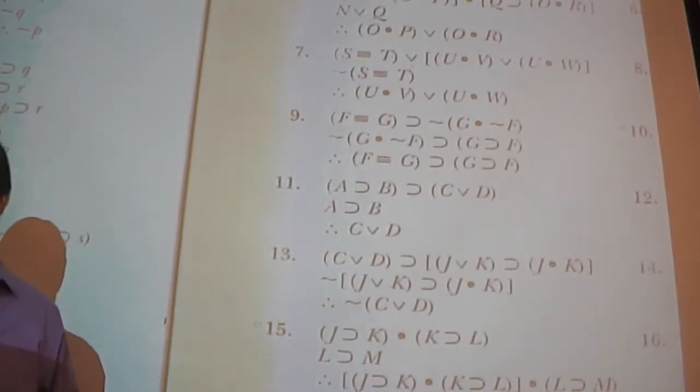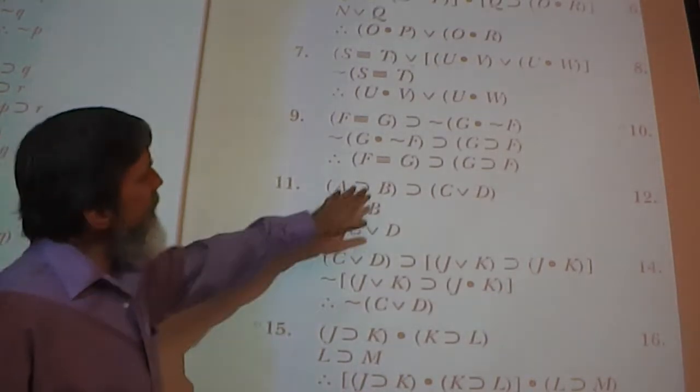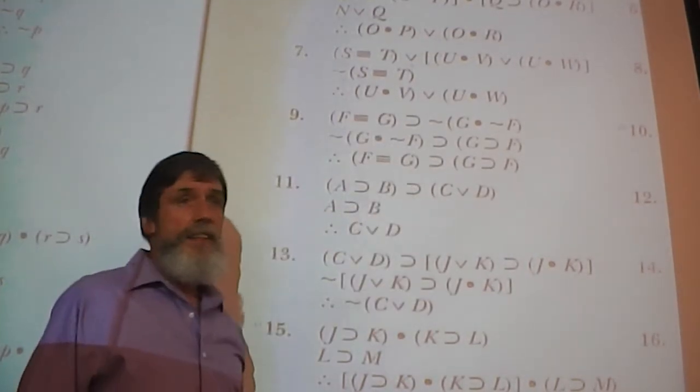See if we're on board here for number 9. And we are. Number 9 has 2 premises. Both of those premises and the conclusion are all conditional statements. The antecedent of the conclusion is the same as the antecedent of that first premise.